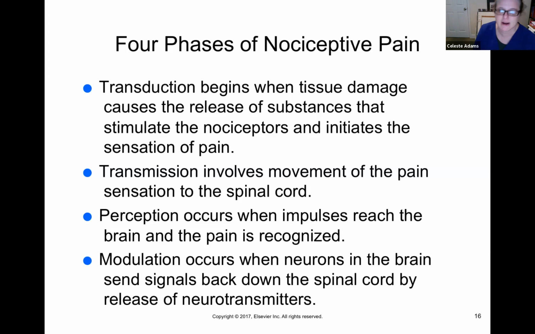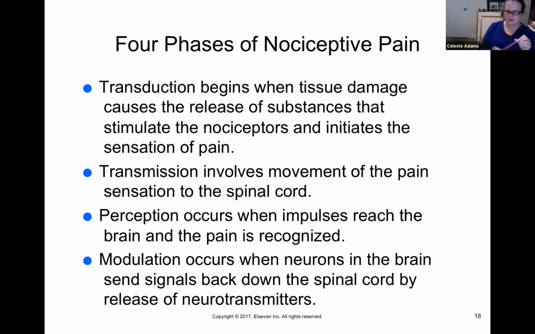That somatic area gets damaged. So in transduction, the tissue is damaged and that tissue is going to release substances that are going to stimulate those pain receptors and initiate the sensation of pain. That's the first phase.